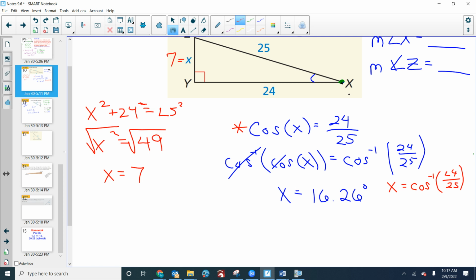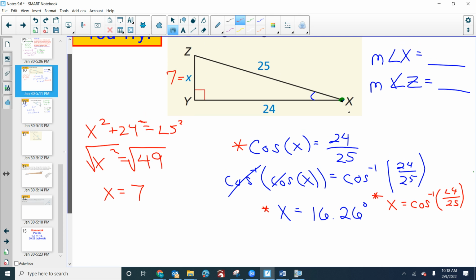I don't need to see you taking the cosine inverse and canceling, but I need to see that you did the cosine inverse. Is that fair? All right. Cosine of x is 24 over 25, and then cosine inverse both sides, x is 16.3 degrees.